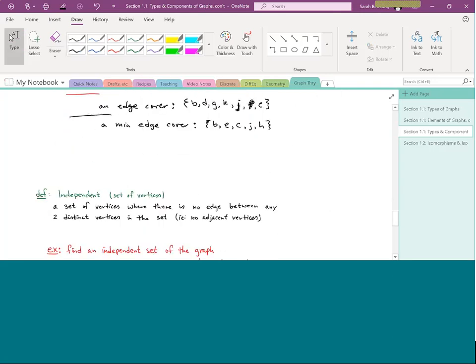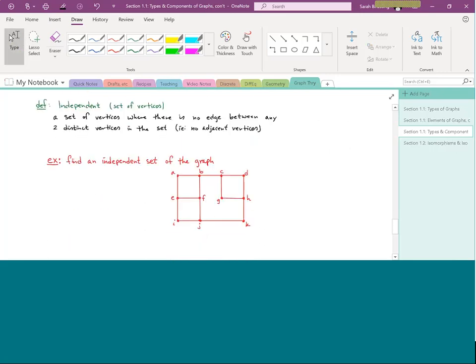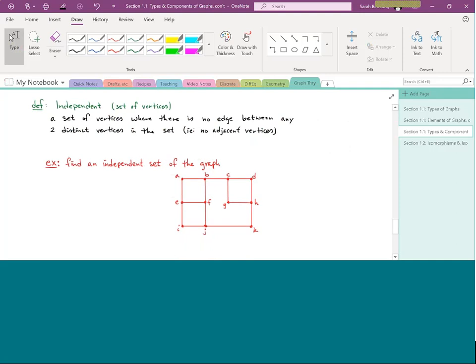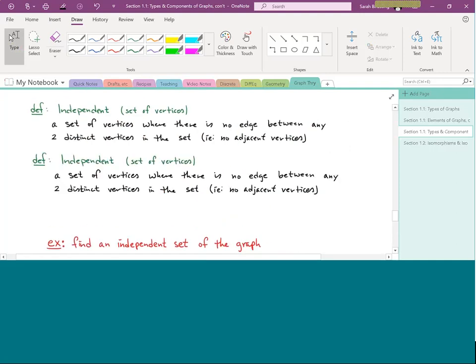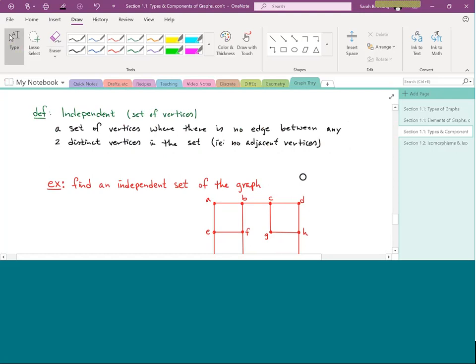All right. So in terms of the thing that is related to an edge cover, and let me make this back to our normal size. So our normal size, again, the next thing that we're going to look at is something called an independent set of vertices.